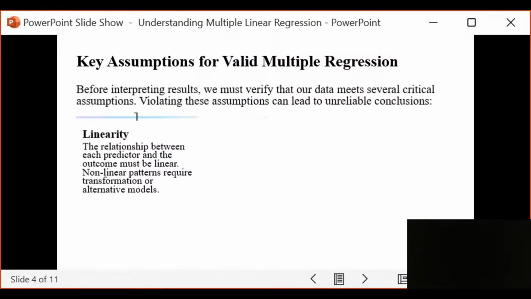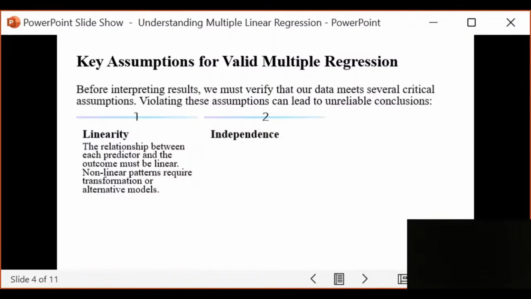Now, the next assumption is independence. This means that the residuals, the differences between actual and predicted values, should not be related to each other. This assumption is especially important when you have data collected over time, like in time series studies.